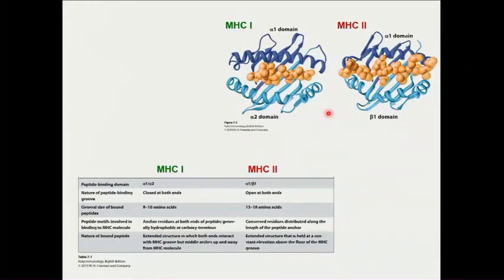Here we have, again, MHC1, MHC2. I tried to keep with the color scheme here as well. And here we have antigens that are bound between the 2 alpha helices that constrain this space. That is provided by the beta sheet underneath.